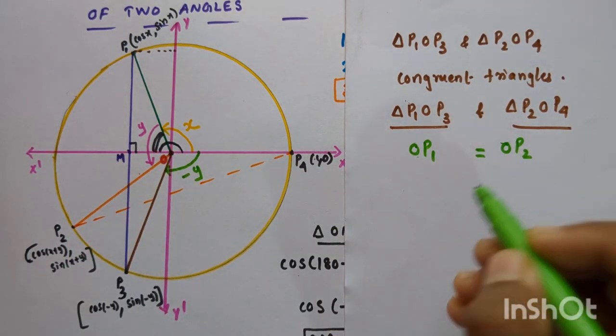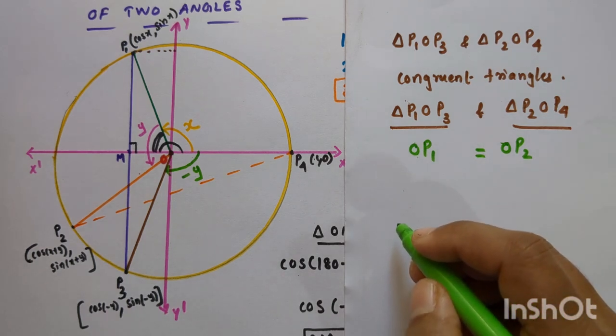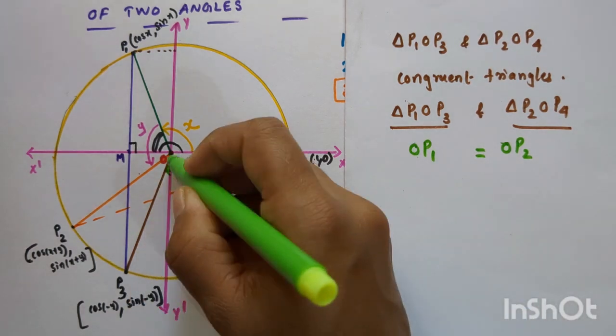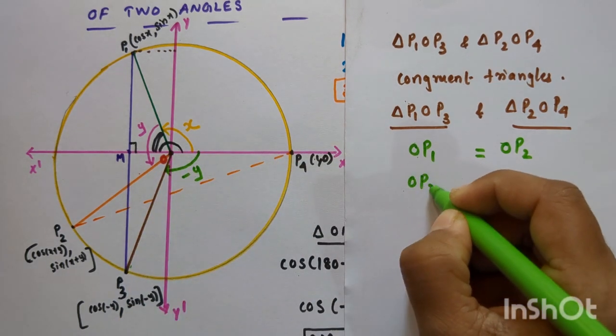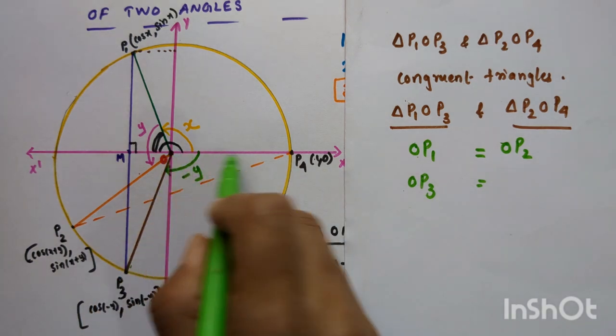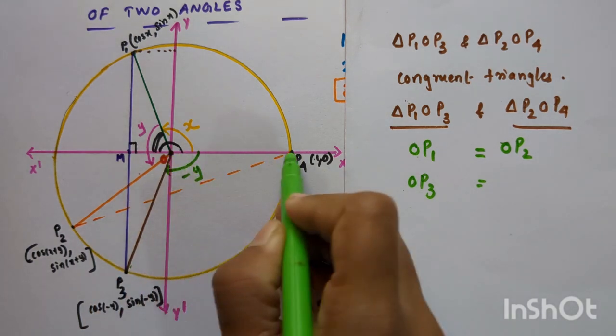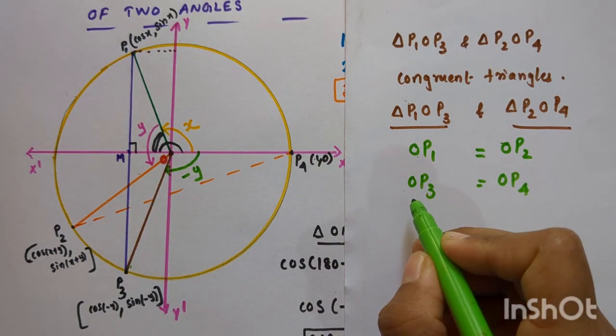So OP1 will be equal to OP2. These two sides are equal. Similarly, when you consider this side OP3 of the first triangle, which is also the radius, and this side OP4 of the second triangle, both are the radius, so both are equal.